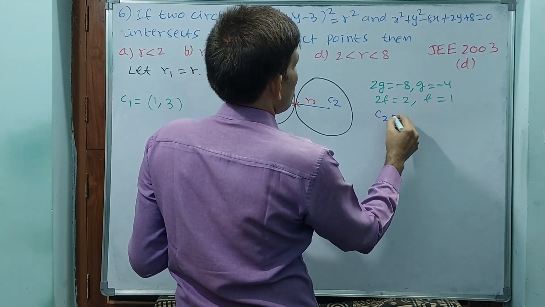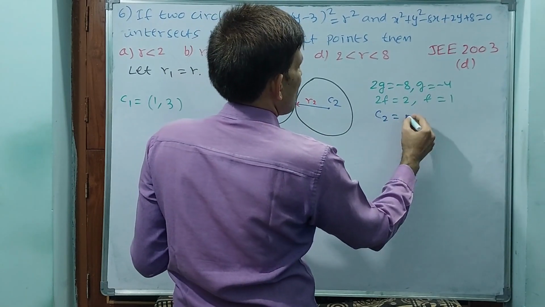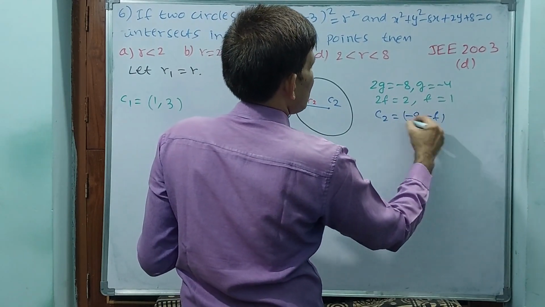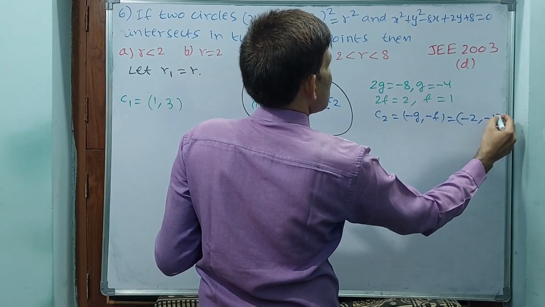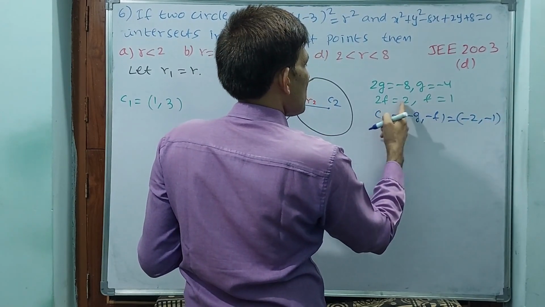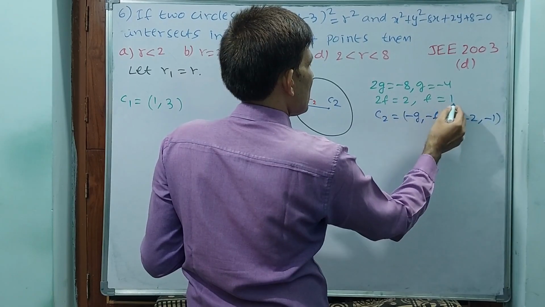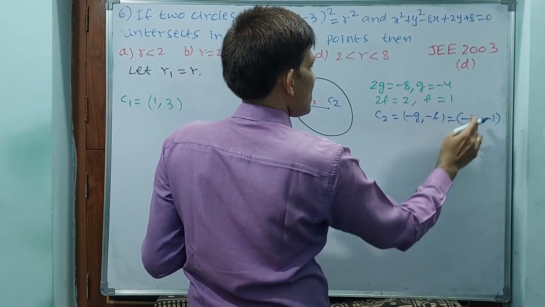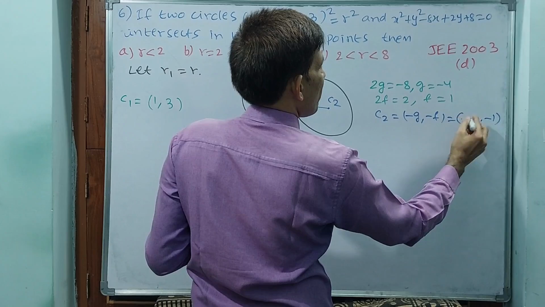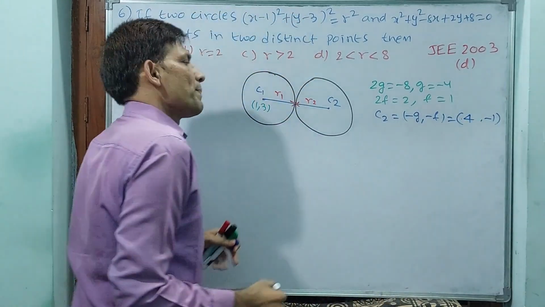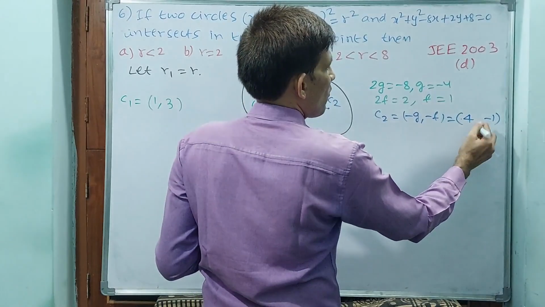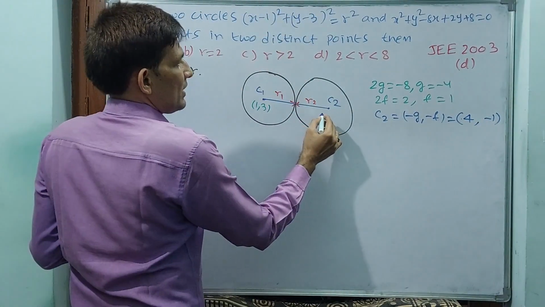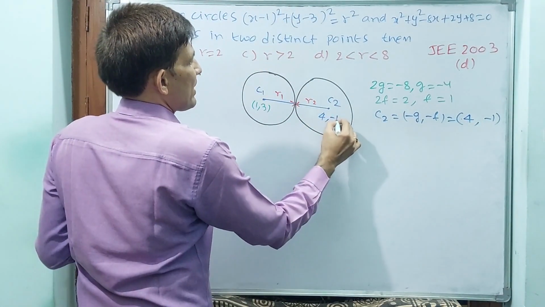Center C2 of the second circle is (-g, -f), that is (4, -1).